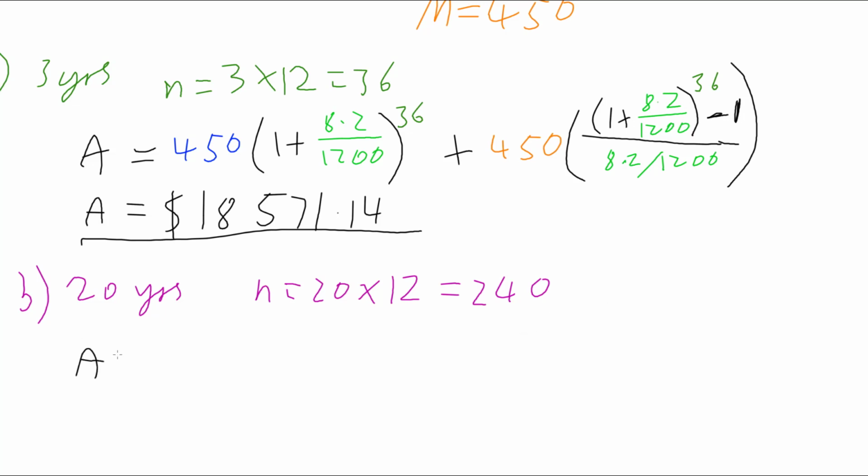So we're going to have A is going to be 450 multiplied by 1 plus 8.2 over 1200 to the power of n.